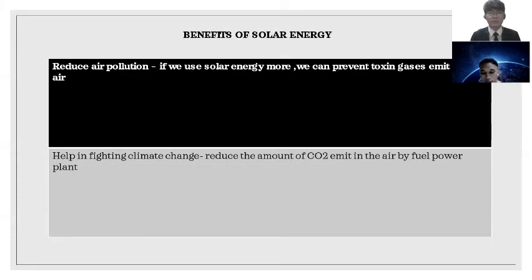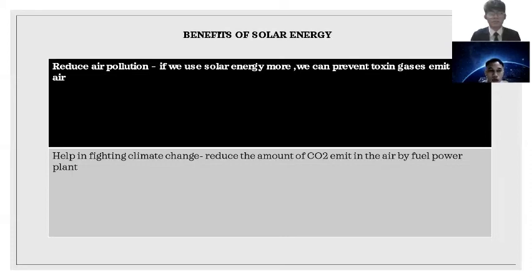So where does the carbon dioxide come from? It comes from power plants that produce electricity for our world by burning or doing combustion of fuels to create electricity.